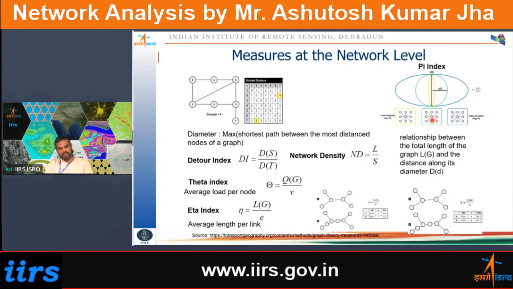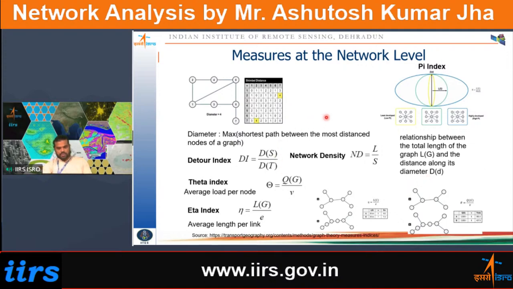So in that case, this will have a slightly better pi index. For fully connected networks, the pi index is quite high, and if your pi index is larger, you can call this network more sustainable. It means even if certain links fail, there won't be much impact on it.